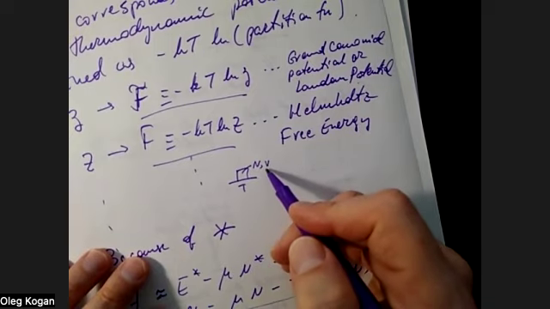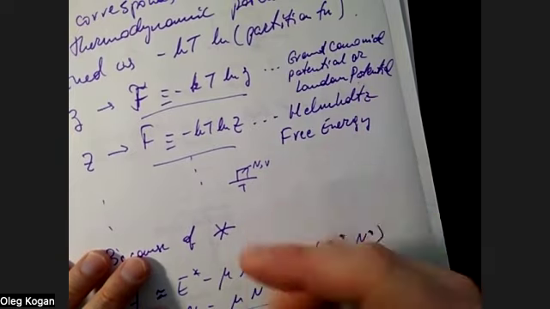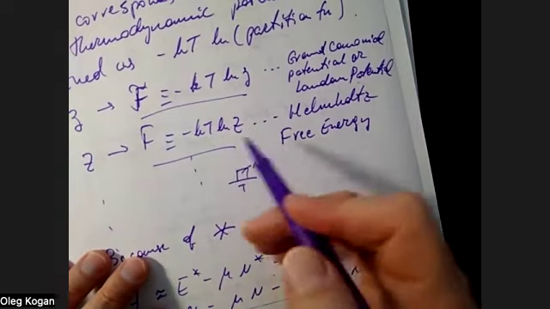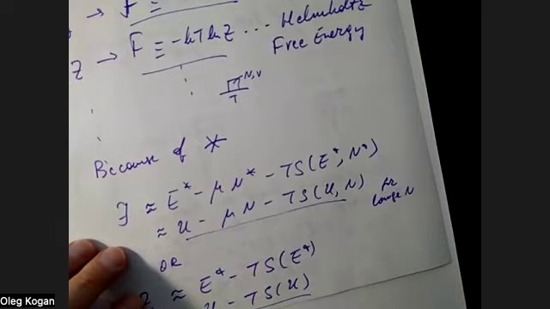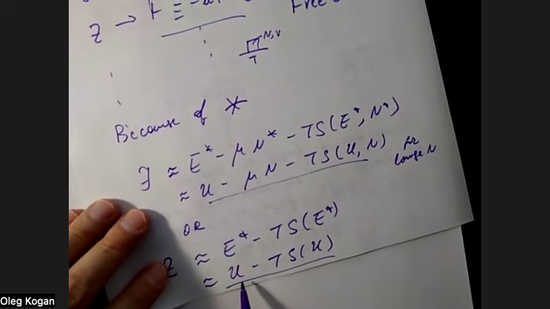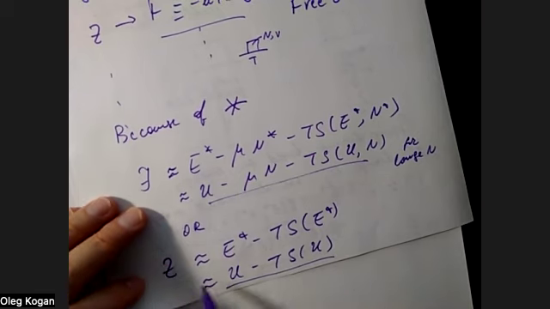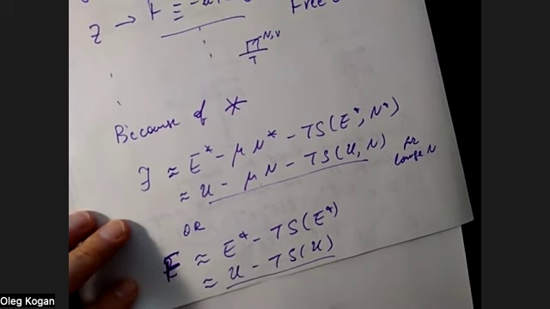So V could be literally a volume, or it could be a placeholder for other types of variables. And so you see Z is a function of T, N and V, and so F is a function of T, N and V. Now here you have to realize that U is a function of T, N and V, and S is a function of U, which is a function of T, N and V. So sorry, this is supposed to be F. Sorry, Helmholtz free energy, not Z. My apology. Okay, I'm glad I caught it.